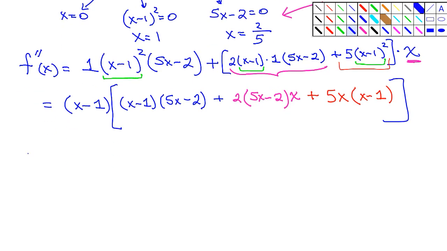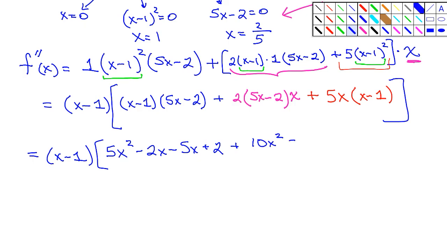Now, let's simplify the inside here. I'm going to use FOIL on this left part here. This is going to be 5x squared minus 2x minus 5x plus 2, plus 10x squared minus 4x, plus 5x squared minus 5x. That's going to be x minus 1 times, I've got 5x squared, 10x squared, and another 5x squared.